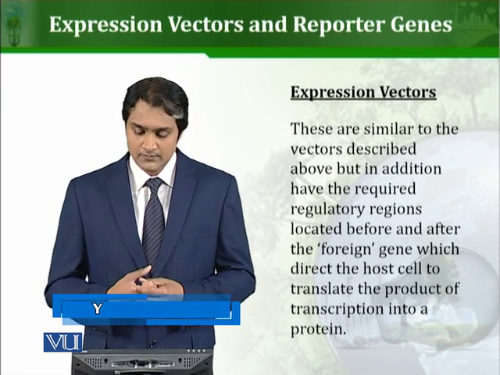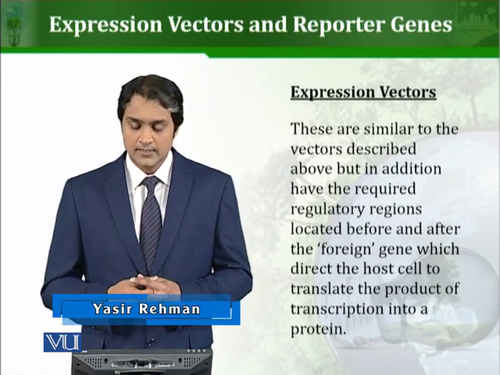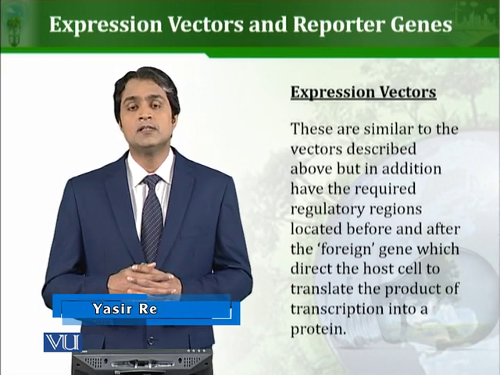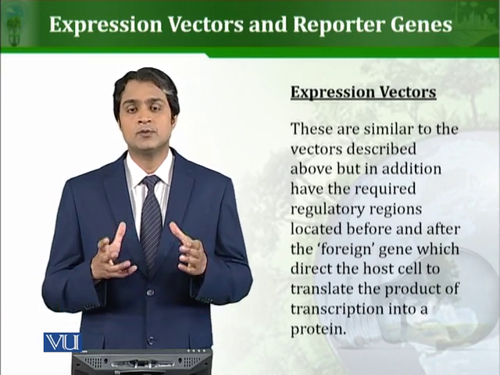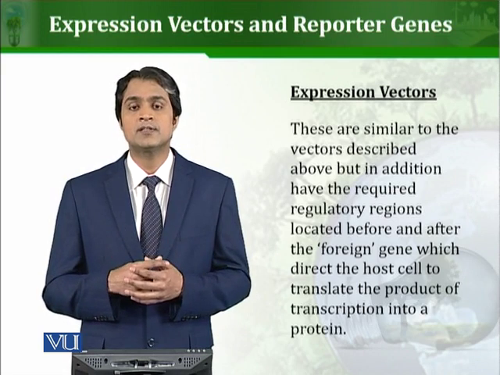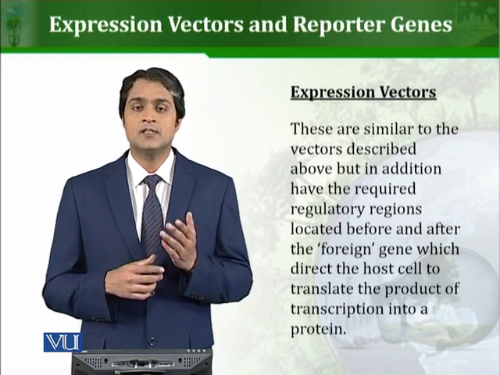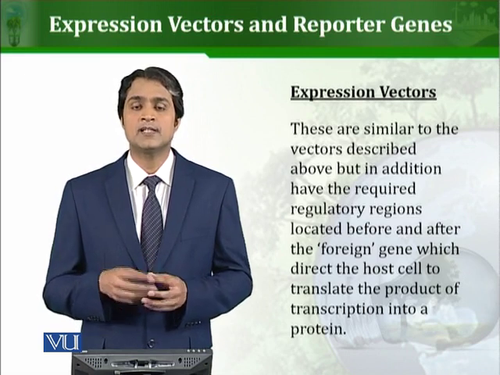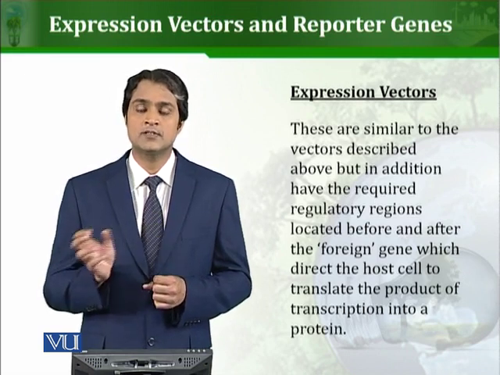Now, these are very similar to vectors described before. However, in addition to other genes, they also have certain regulatory elements in their sequence. For example, those regulatory elements can be so many. The most important of those are promoter sequences on which RNA polymerase can bind and can start the transcription downstream.